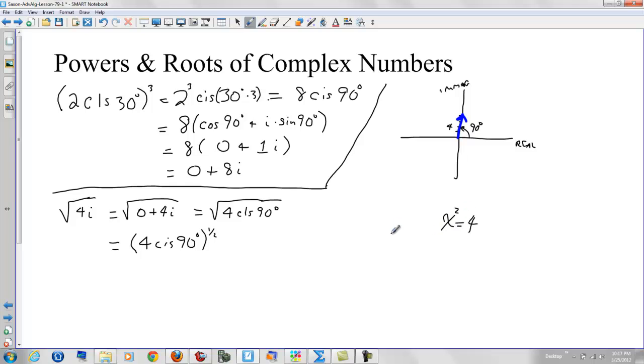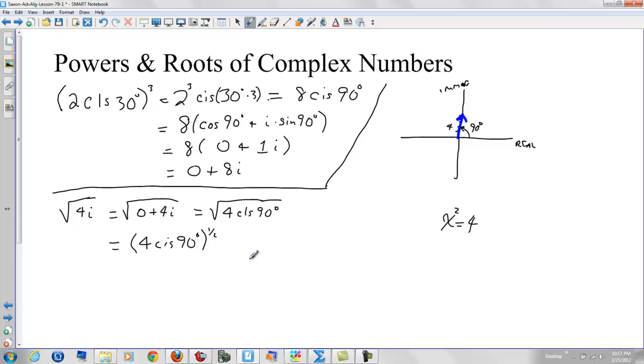Well, it turns out that there are always as many roots as the number of roots you're trying to find. For instance, if I'm finding square roots, that means there's 2 of them. If I was finding cube roots to the 1/3 power, there would be 3.